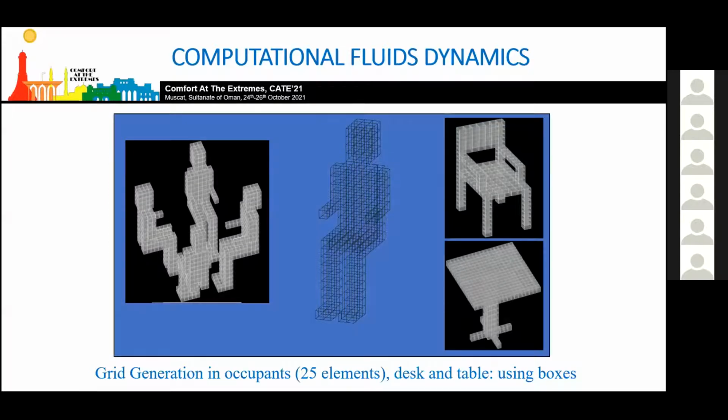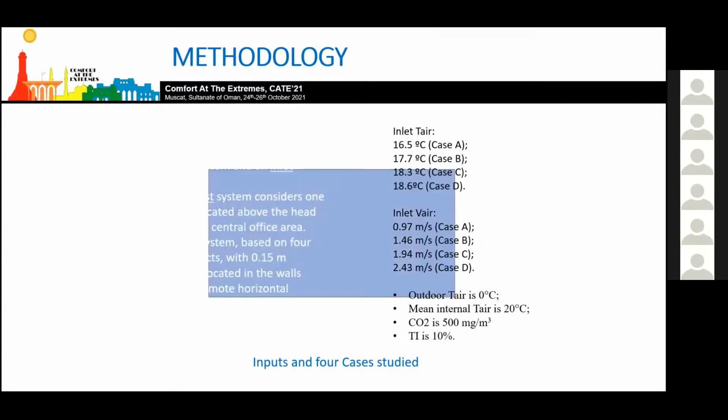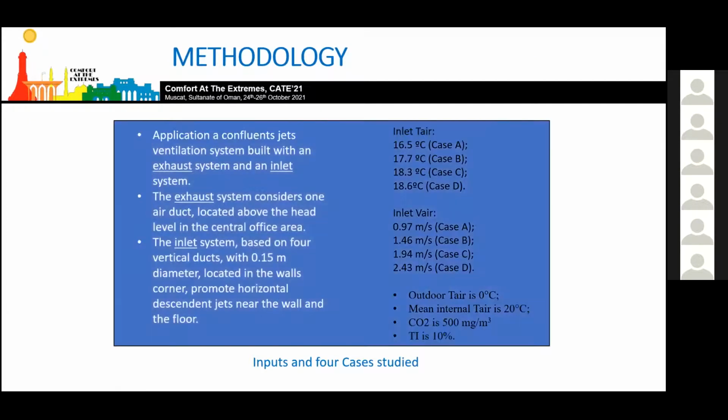In the numerical simulations, I consider a confluent jet ventilation system with an inlet system and an exhaust system. Both systems are located around the occupants. The exhaust system is located in one duct above the heat level in the central office area.